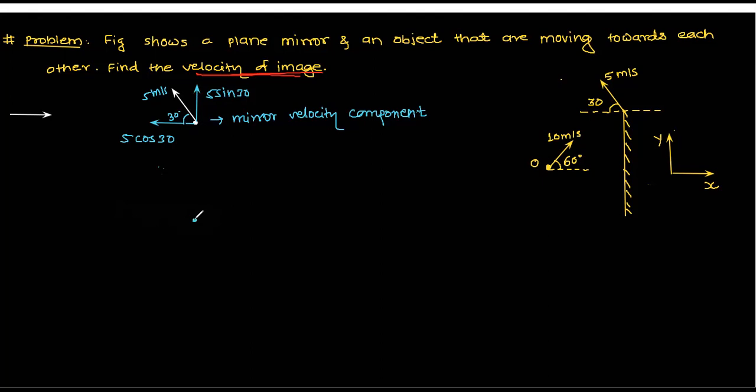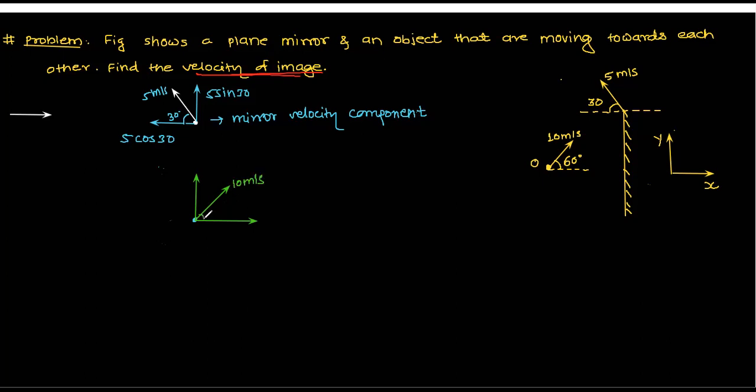Now they have given this object velocity also. So I am taking this again. This is object. Which ink I will take? Let's take green ink so that you will understand difference also. So this is what? Object velocity, and I am resolving now these components along x and y axis. Can you see the diagram? Yes. So I have resolved like this. This is given as 10 meter per second.